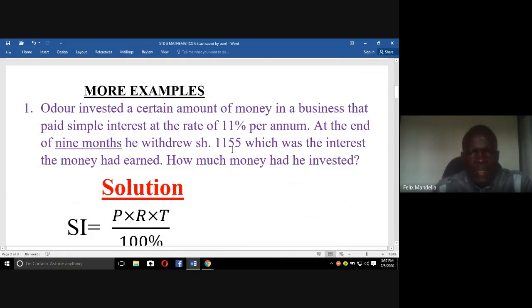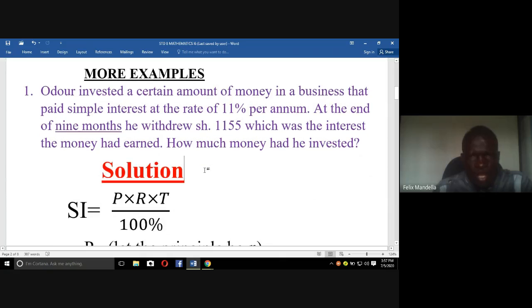So 1,155 is the interest. Remember, the period is 9 months, and the rate is per annum. Now, how much money had he invested?